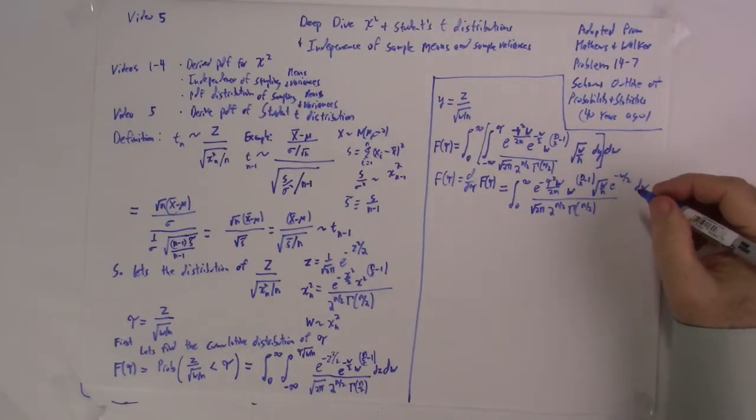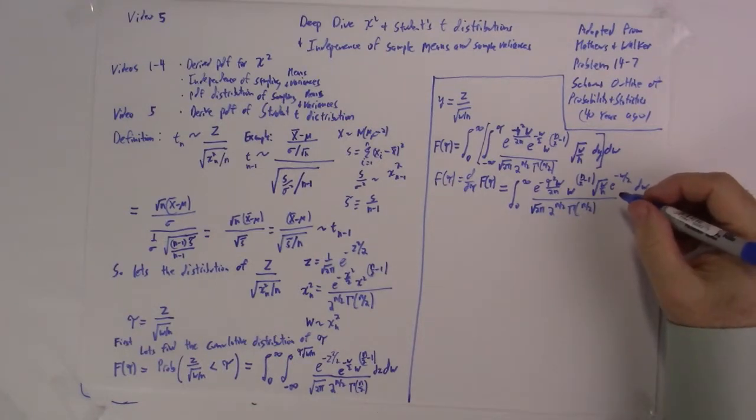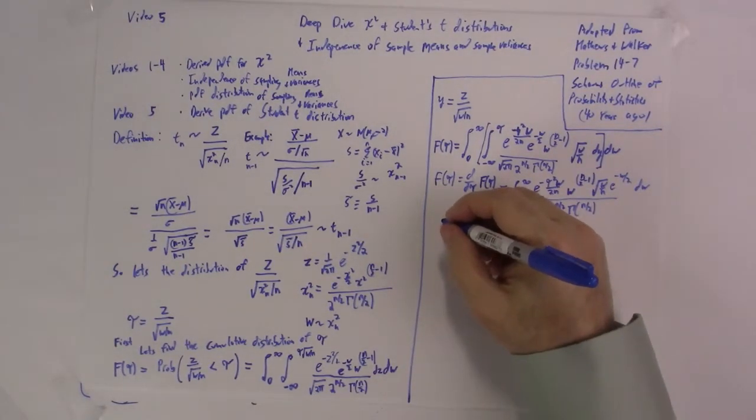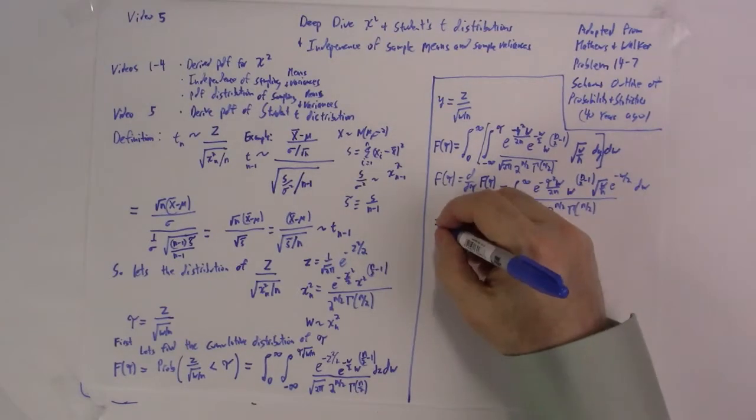Okay, now we need to make one more variable change. Notice that the variable w, e to the minus w over 2, it just factors out. I'll write this out.